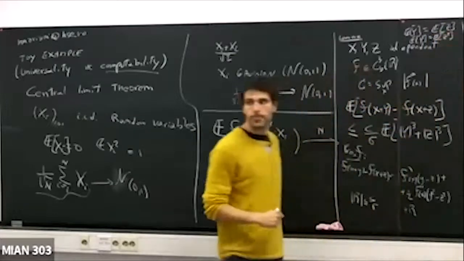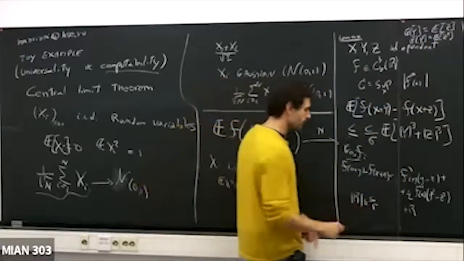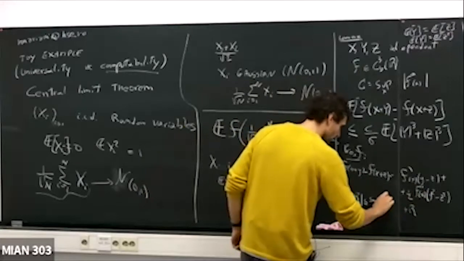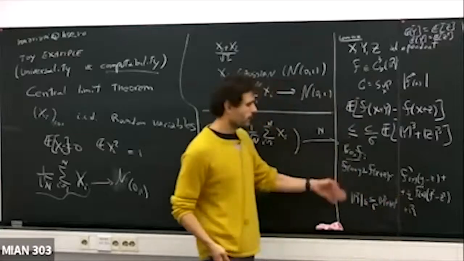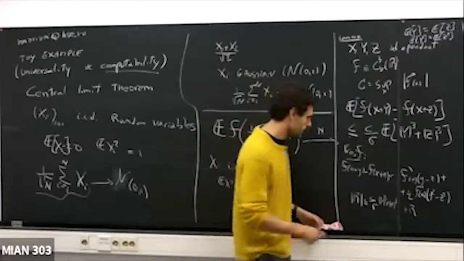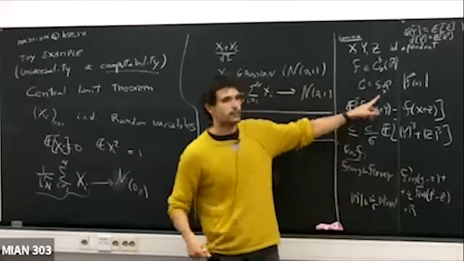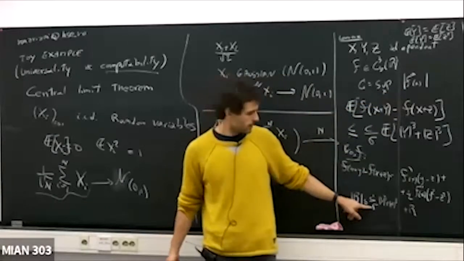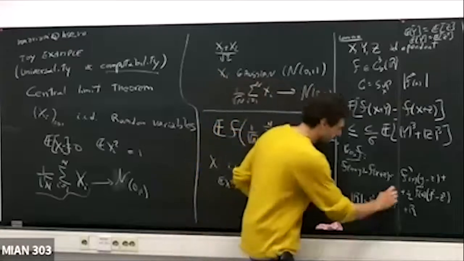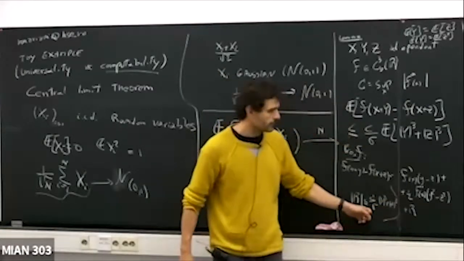And so this will be less than y cubed plus z cubed. This is true for any y and z, where this constant is exactly the third derivative of f. 6 is 3 factorial. So plus the remainder, and the rest is bounded by this.